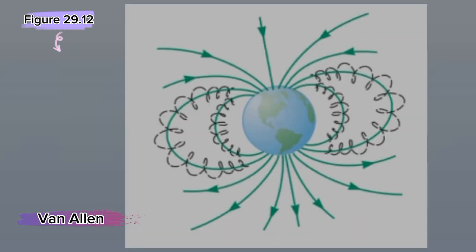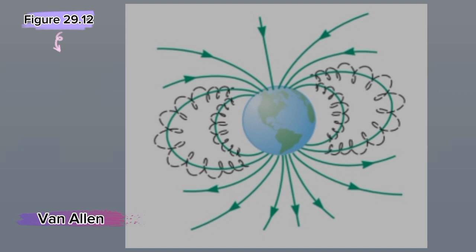When the particles are located over the poles, they sometimes collide with atoms in the atmosphere, causing the atoms to emit visible light. Such collisions are the origin of the beautiful aurora borealis, or northern lights, in the northern hemisphere and the aurora australis in the southern hemisphere.